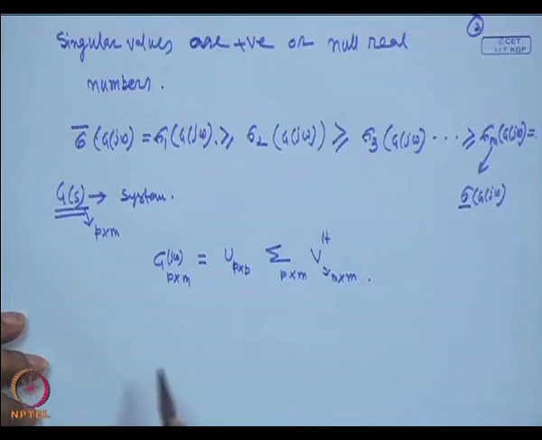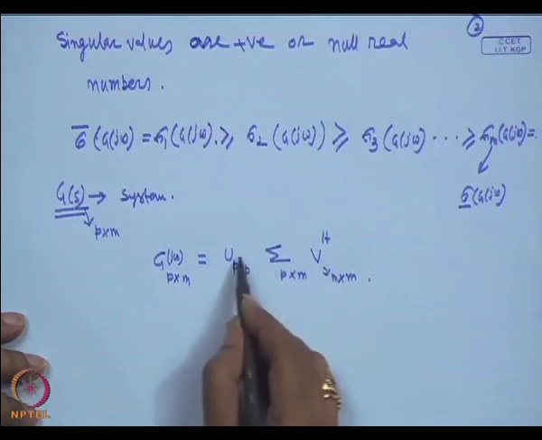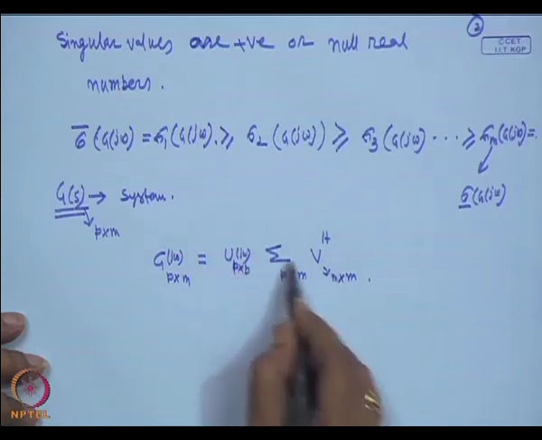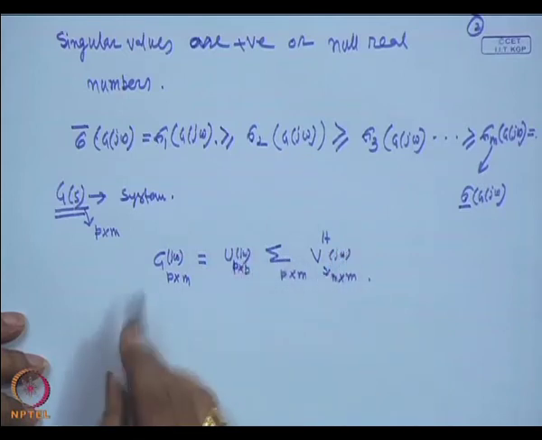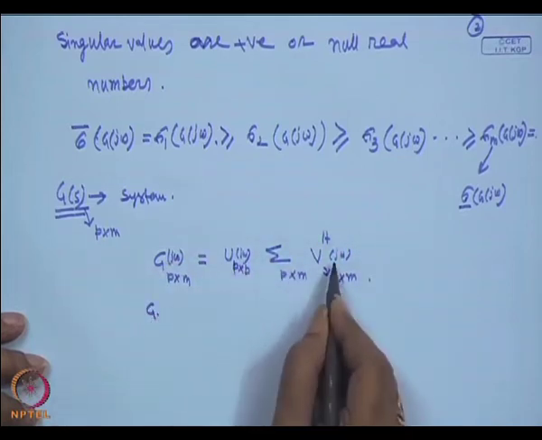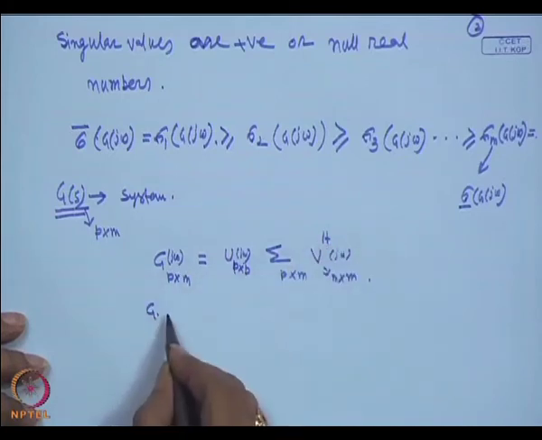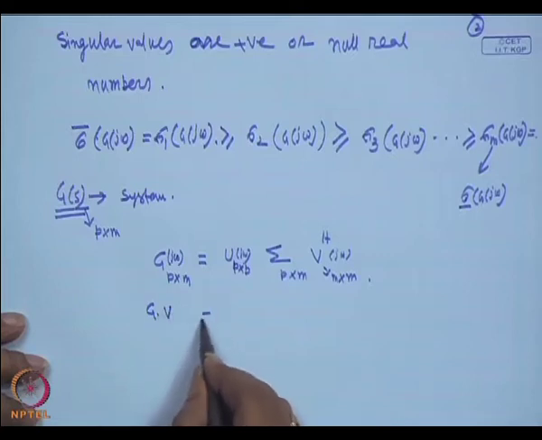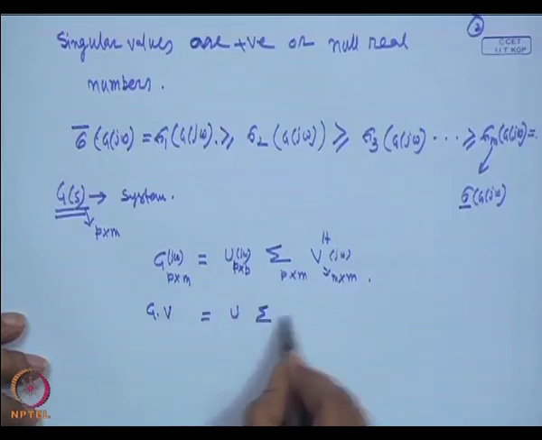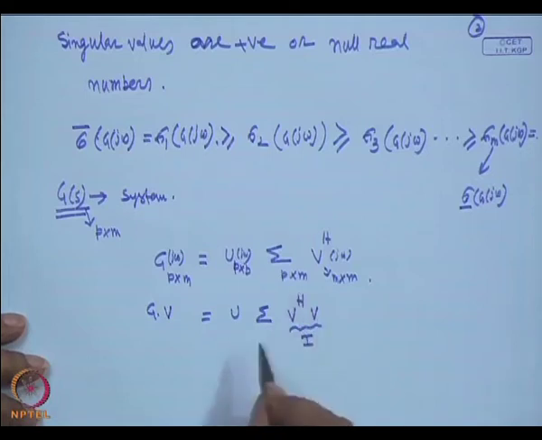Agree? Let us omit the j omega here. So, we get G post-multiplied by V, which is equal to U sigma V H V. Okay. And V H V is the identity matrix, because V is a unitary matrix.